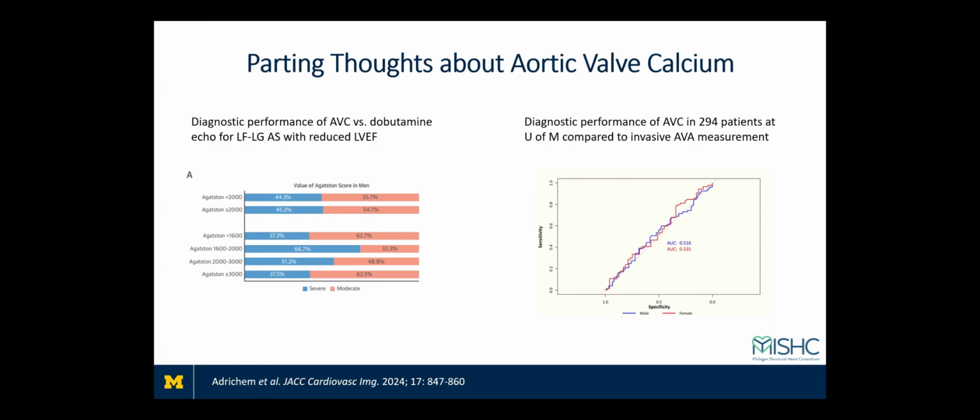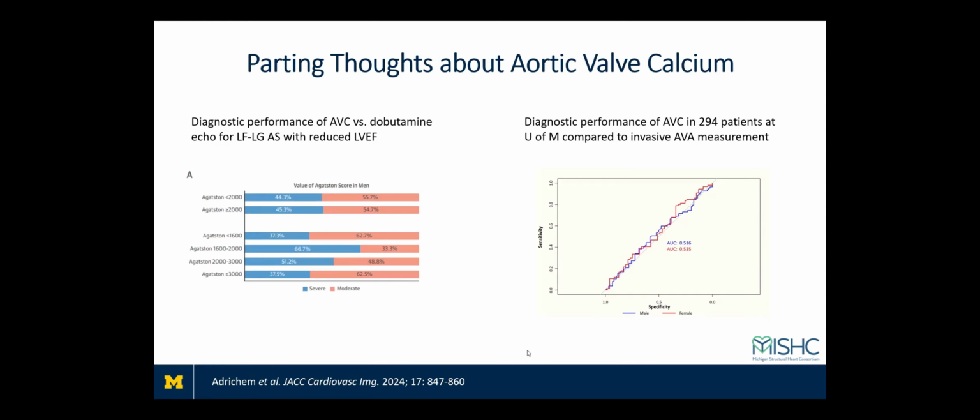So this is based on 294 patients here at the University of Michigan. And we looked at invasive aortic valve area as our gold standard and compared aortic valve calcium scoring to the final diagnosis of AS severity.